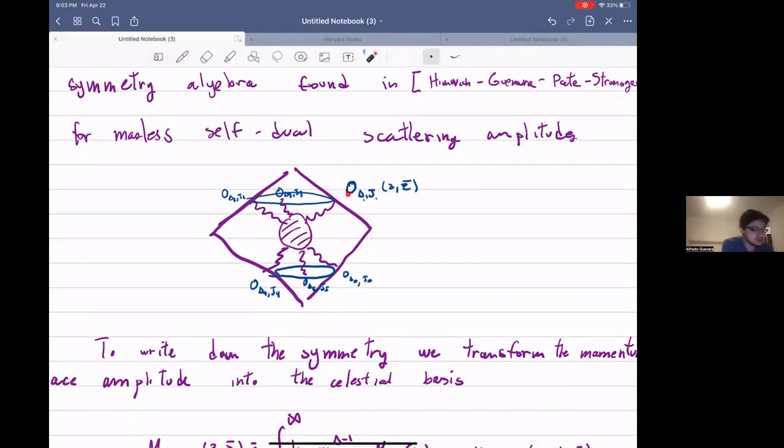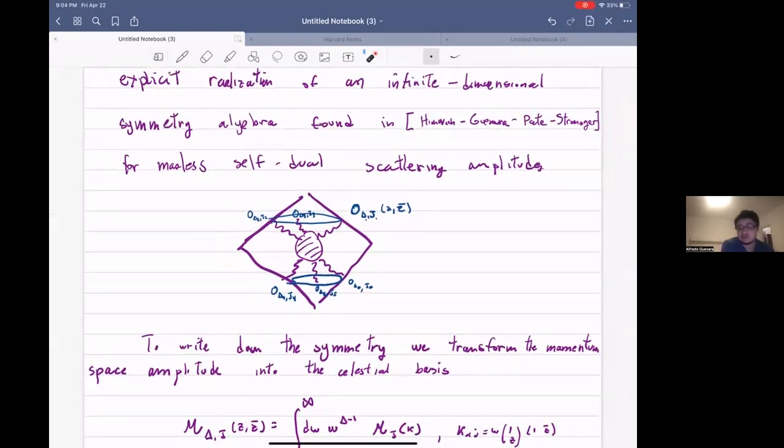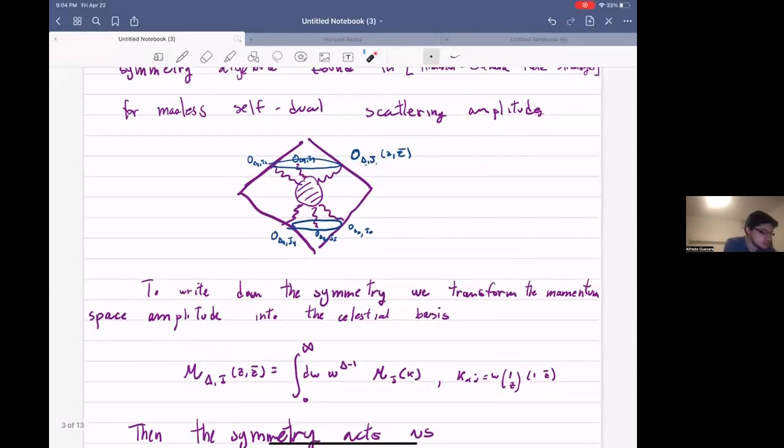We can obtain these operator insertions from boost eigenstates rather than momentum eigenstates, so they transform nicely under conformal transformations, which is the Lorentz group in Minkowski spacetime. The important point is that they are obtained as boost eigenstates.